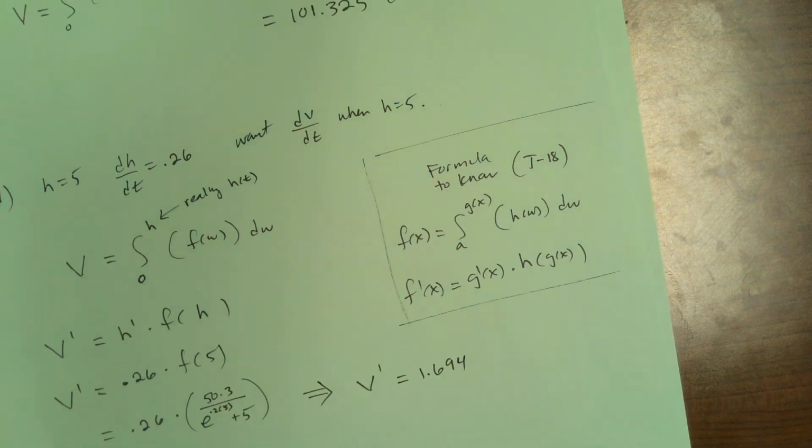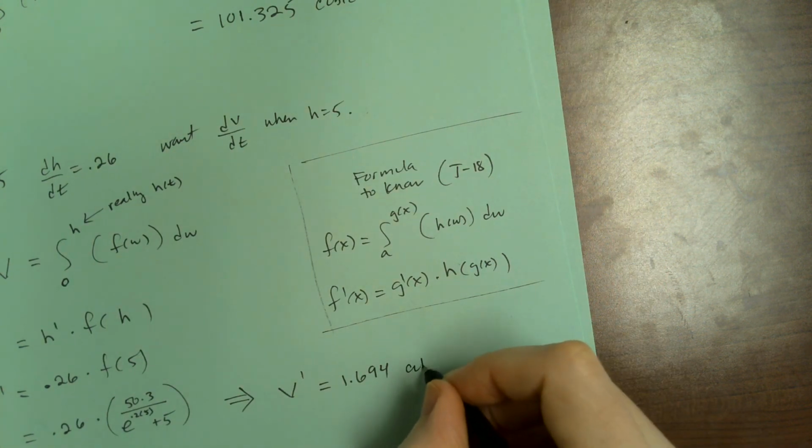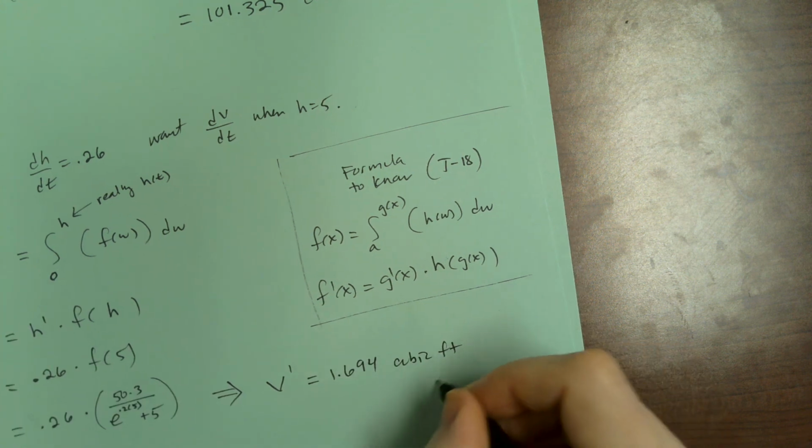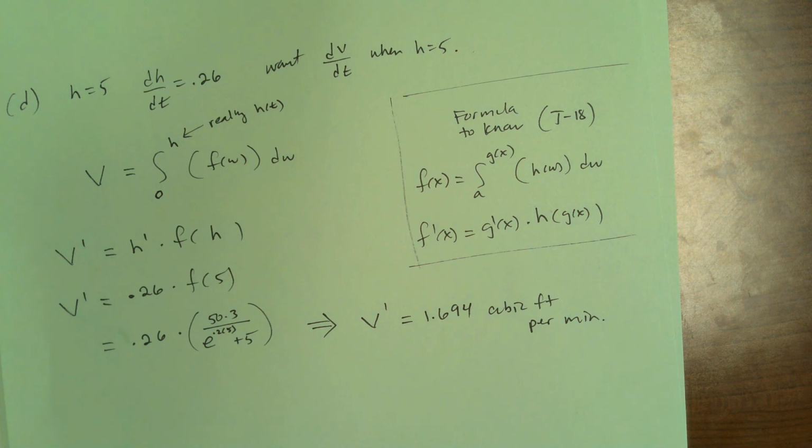This is volume, so this is going to be cubic feet per minute. Okay, that last part was very hard, but the other parts, you can do that if you're prepared and you've been working.